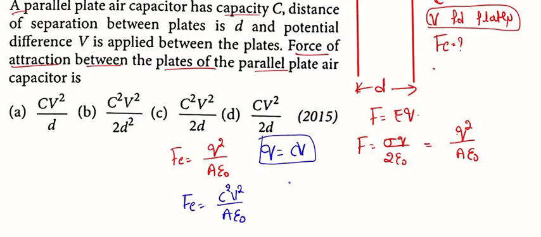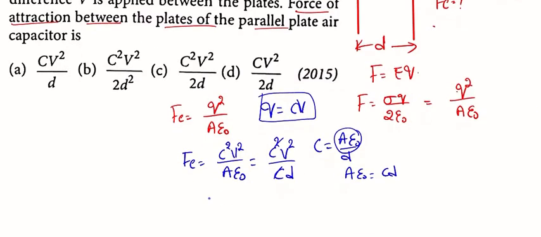Now C is equal to A epsilon naught by D. In the place of A epsilon naught, you have to put C into D. So that is C square V square divided by C into D. One C gets cancelled, so the answer is CV square divided by D. But it is 2 in the denominator, so CV square divided by 2D.